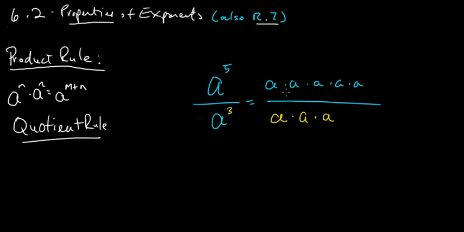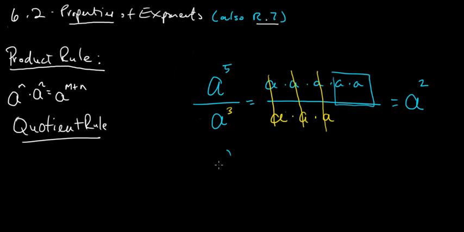Well, notice that I have several ones here, and that leaves me with only the 2 a's up top here. So that would be the same thing as saying a squared.